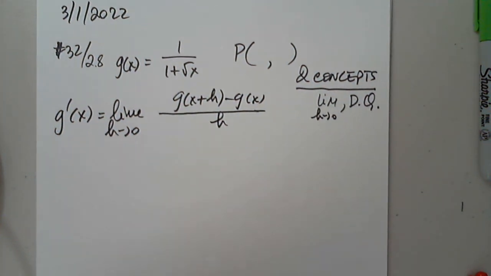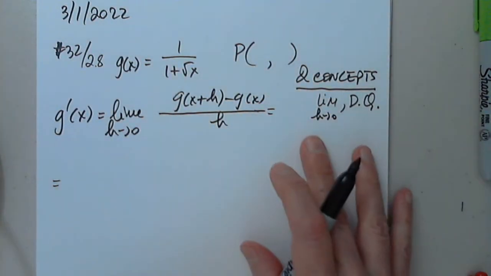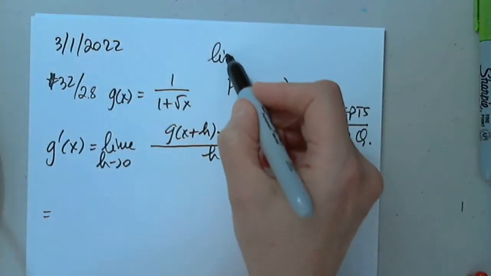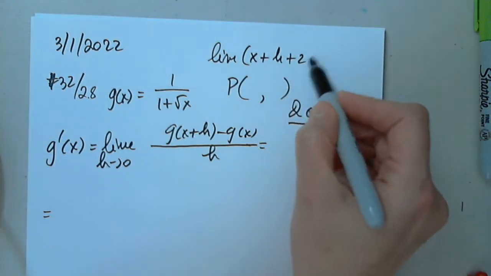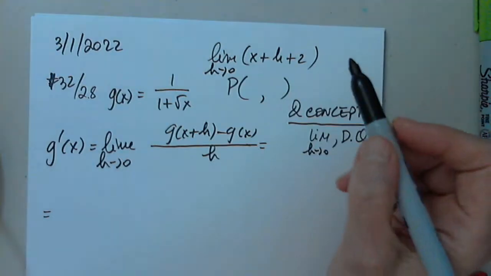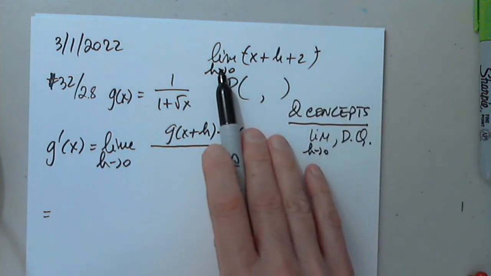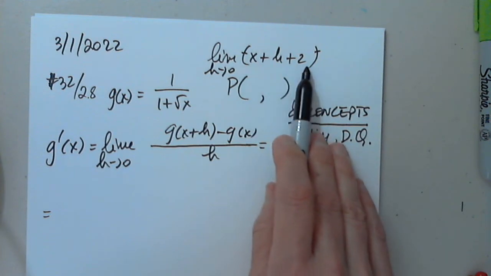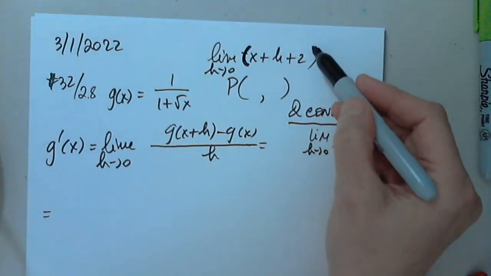In the next step, I will write one comment I have about the notes from last time. When you write limit of x plus h plus 2, when h approaches 0, if you omit parentheses, then you are only applying the limit to x, not to x plus h plus 2. So please remember, you need parentheses.